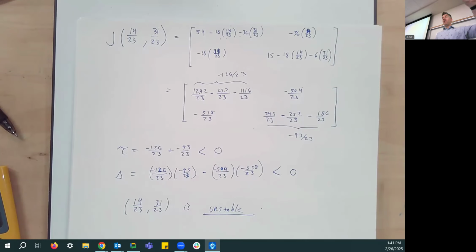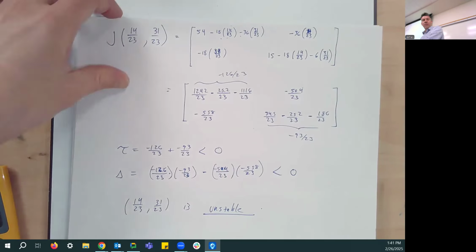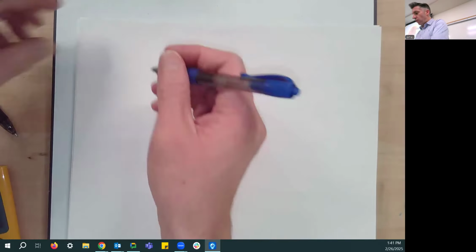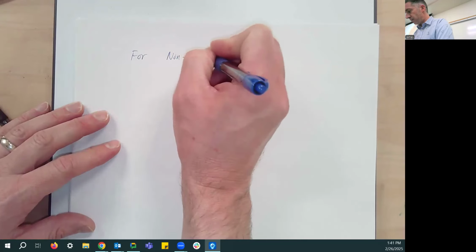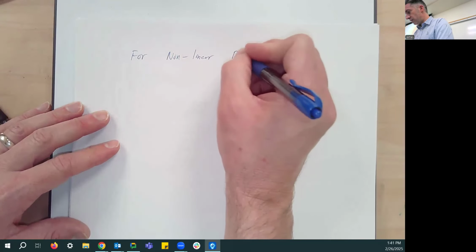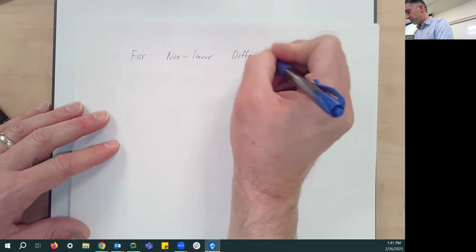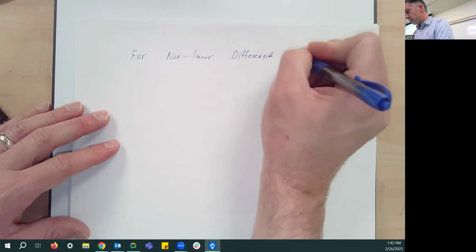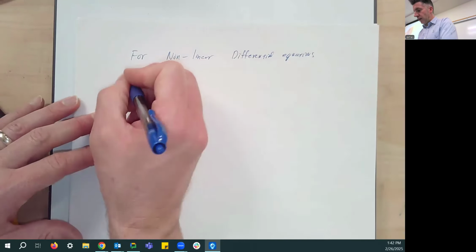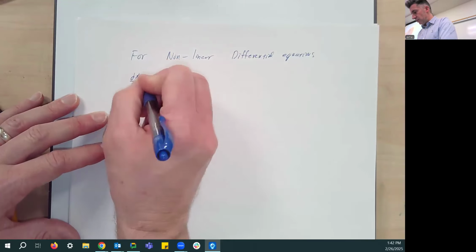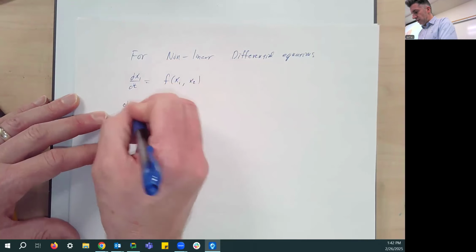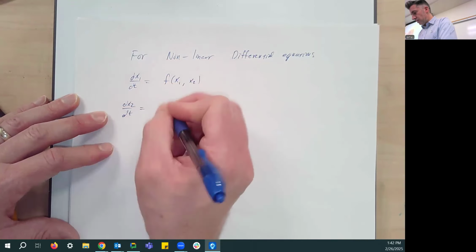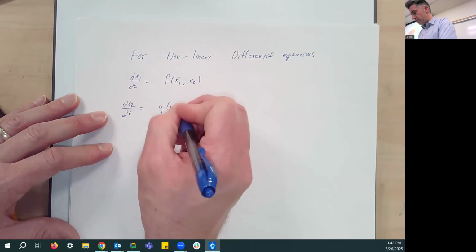If you're talking about, let me write down the words to just try to say something. So for non-linear differential equation systems, where we have something like dx1 dt is equal to some function of x1 and x2, and dx2 dt is equal to some function of x1 and x2.